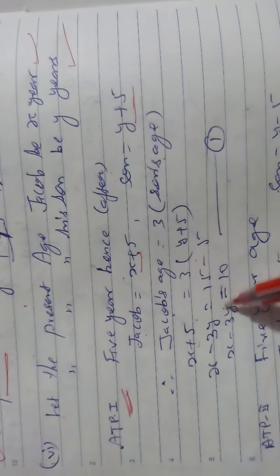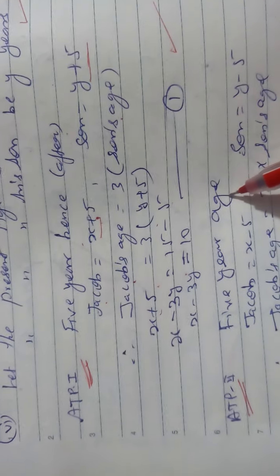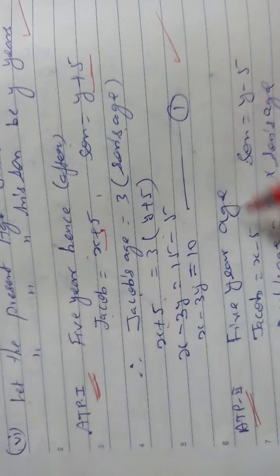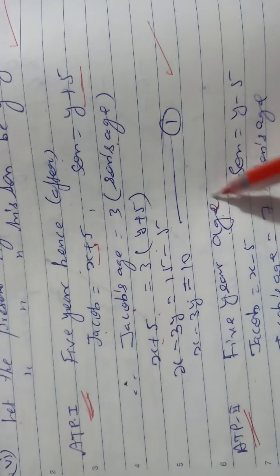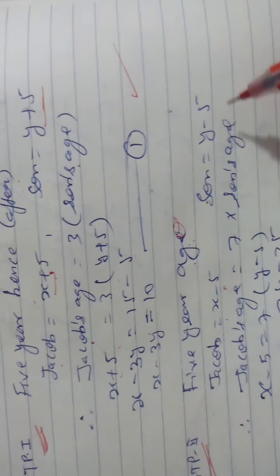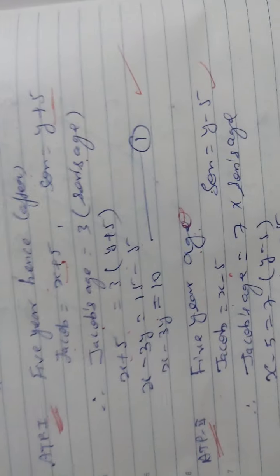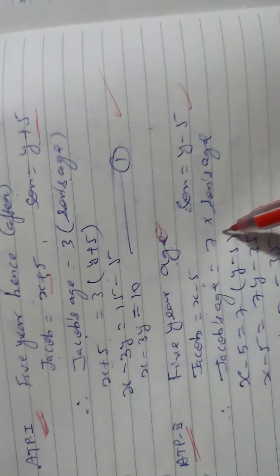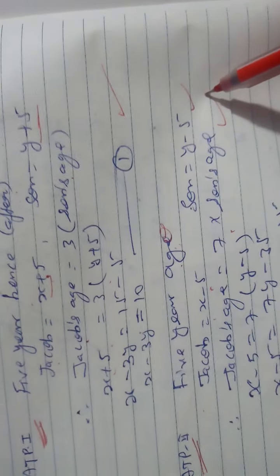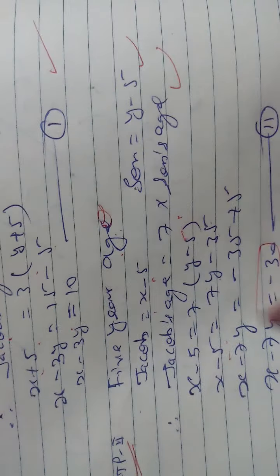Open the bracket, you get the first equation. Second, 5 years ago means before 5 years. Jacob will be x minus 5 and the son will be y minus 5. Subtract 5 years from the present. Jacob's age will be 7 times the son's age. Open the bracket, you are getting the second equation.